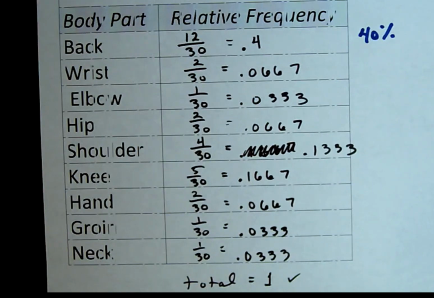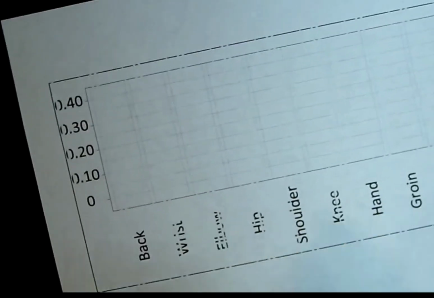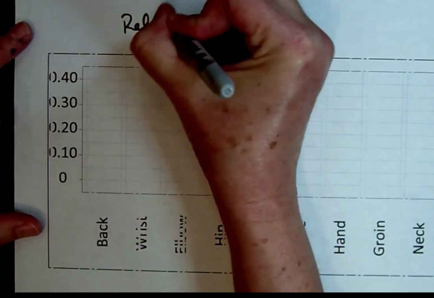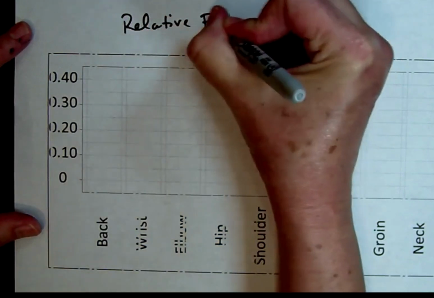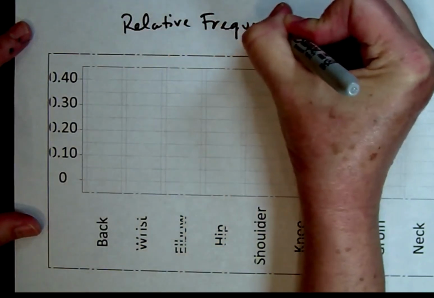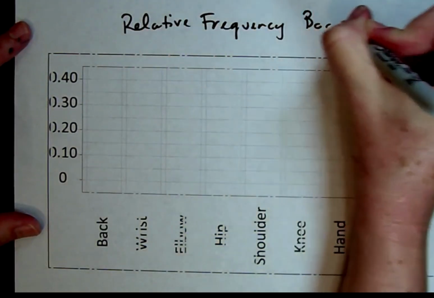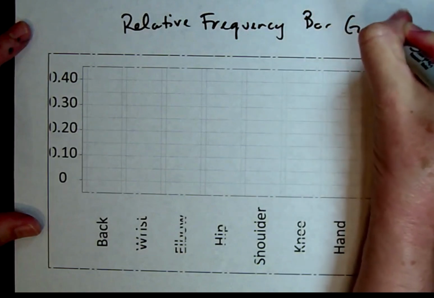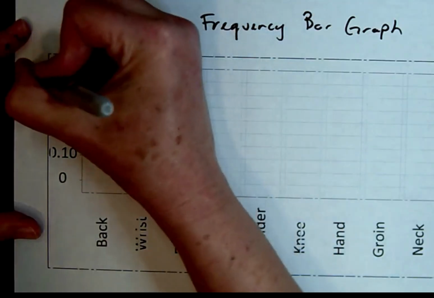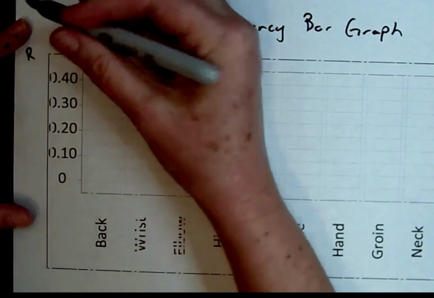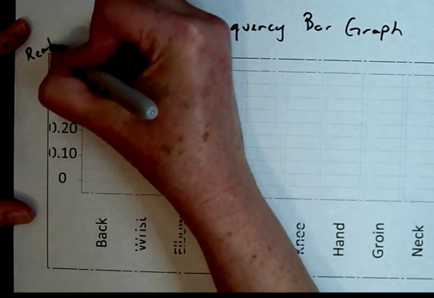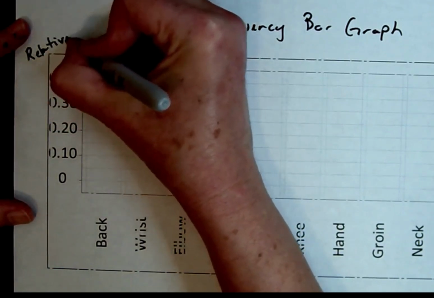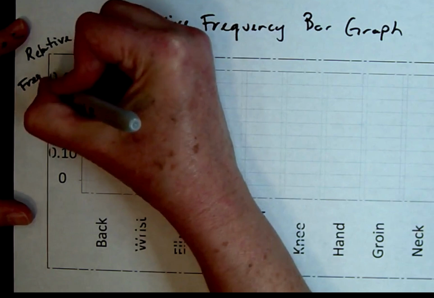Okay, and we can make a bar graph for this information as well, which would be a relative frequency bar graph. What is being recorded on the vertical axis then is relative frequency.